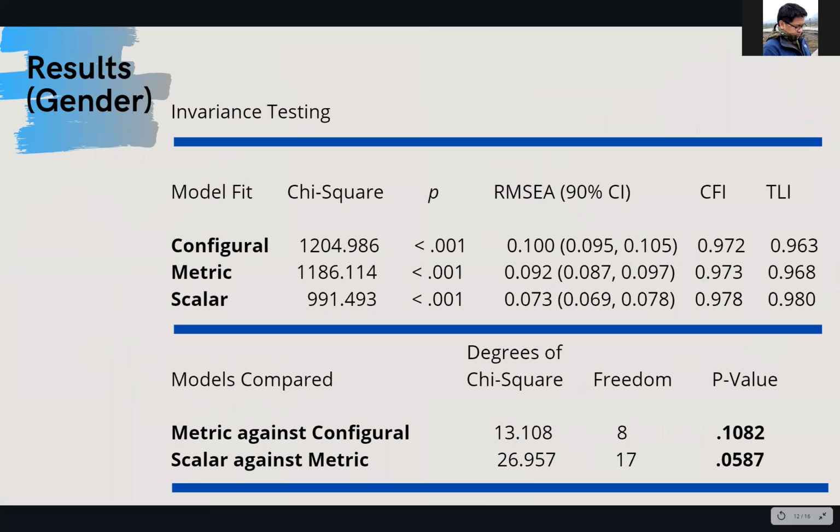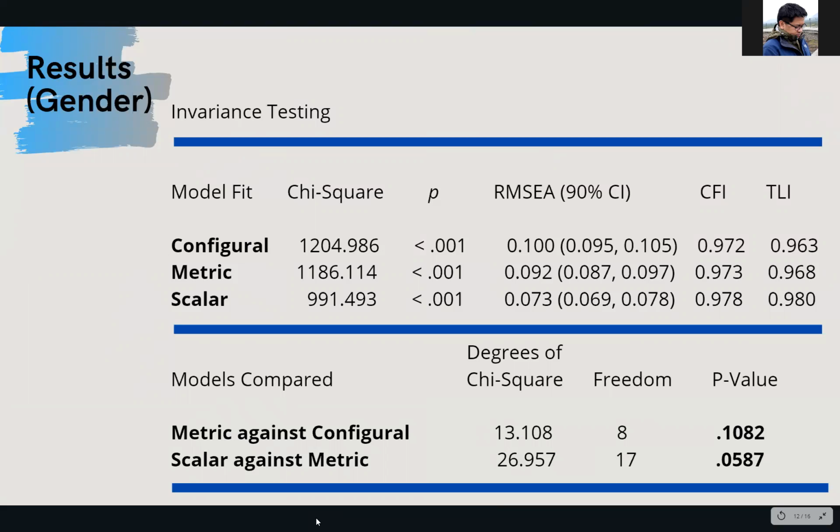Here are the results of our invariance testing, and I want to point your attention to the model comparison towards the bottom of the slide. There's the comparison between metric and configural, and scalar against metric. The key result here is that the p-values were statistically not significant, meaning that the fit did not significantly decrease when we added additional constraints on our model.